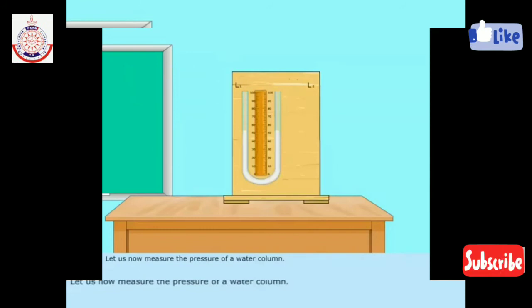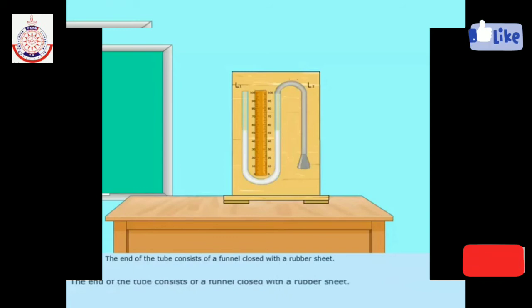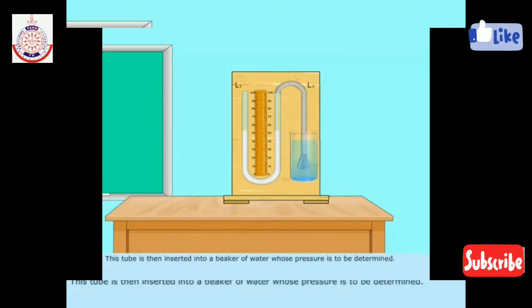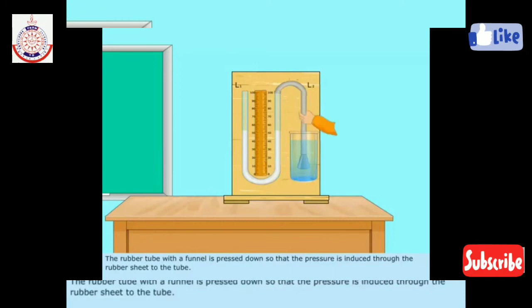Let us now measure the pressure of the water column. The limb L2 is connected with the rubber tube. The end of the tube consists of a funnel closed with a rubber sheet. This tube is then inserted into a beaker of water whose pressure is to be determined. The rubber tube with the funnel is pressed down so that the pressure is induced through the rubber sheet to the tube.